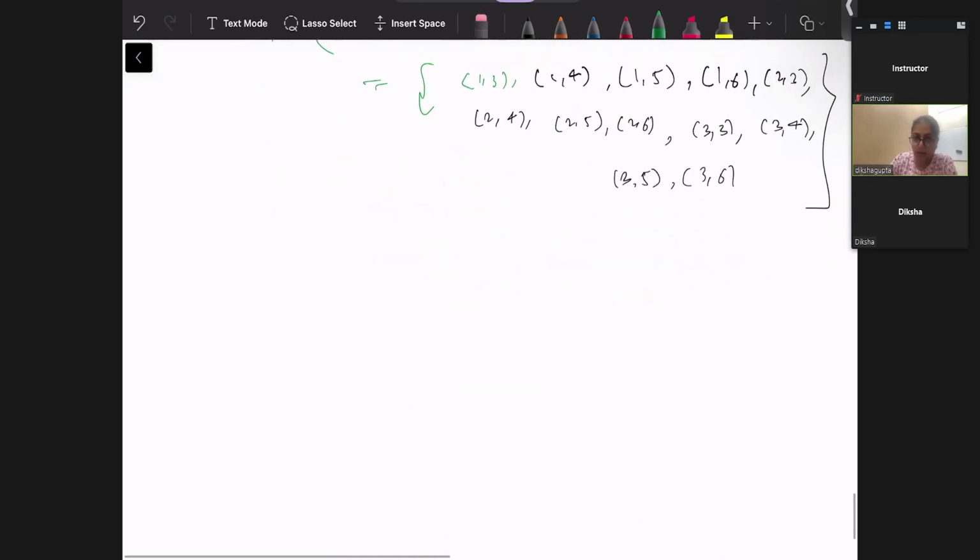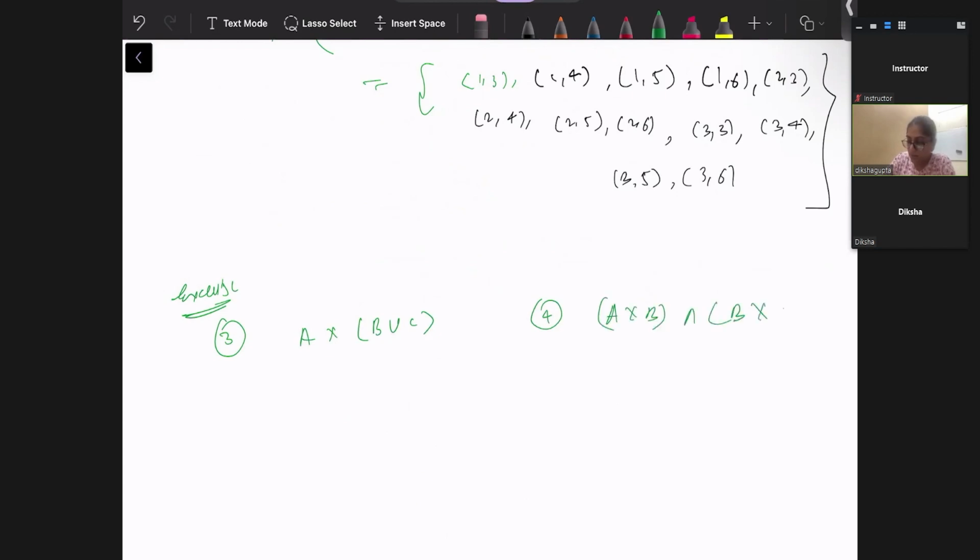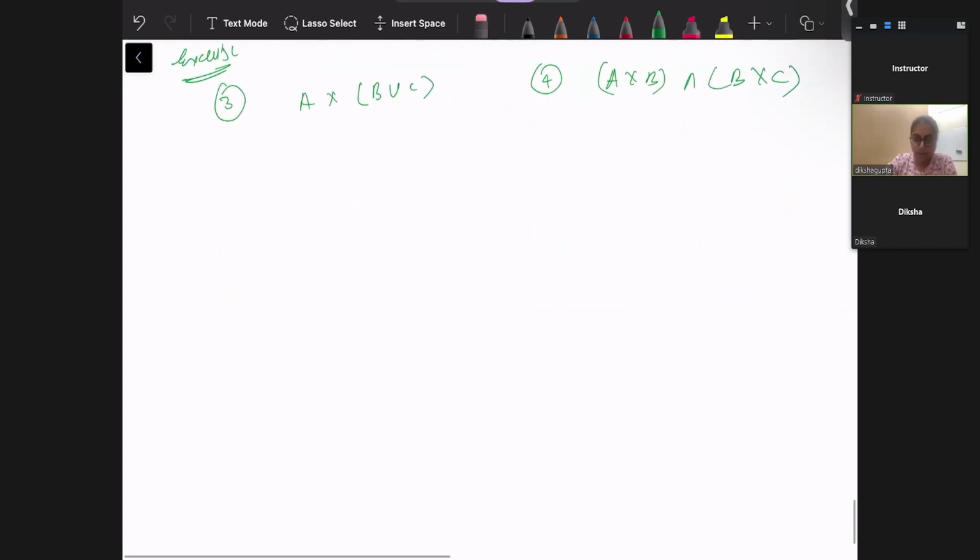And as an exercise, I've already computed everything. You just see what is A cross B union C, and A cross B intersection B cross C. Just try to see this. All right.